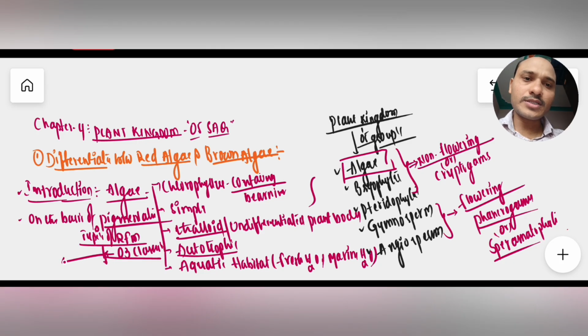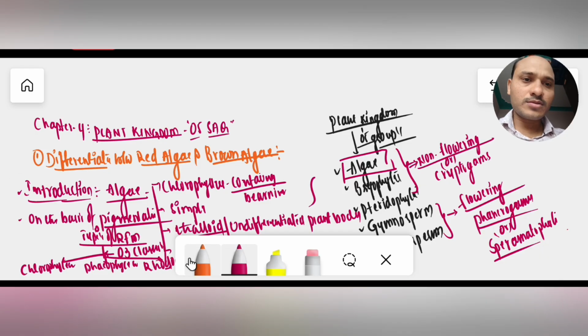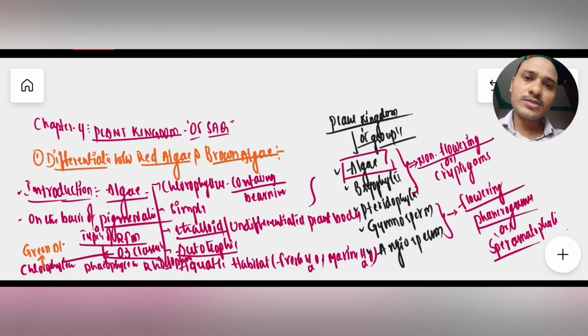Those 3 classes are Chlorophyceae, Phaeophyceae, and Rhodophyceae. Chlorophyceae are also known as green algae, Phaeophyceae as brown algae, and Rhodophyceae as red algae.